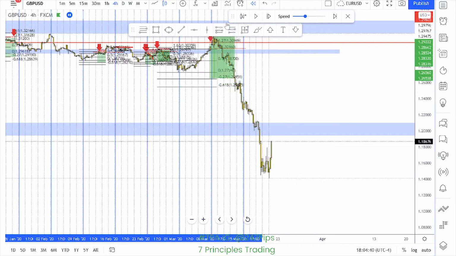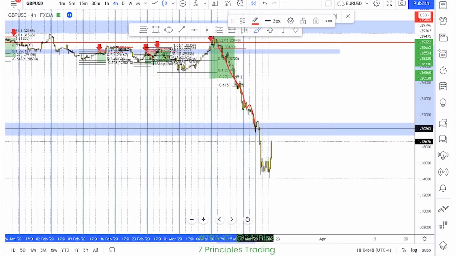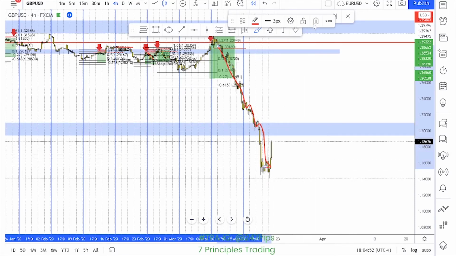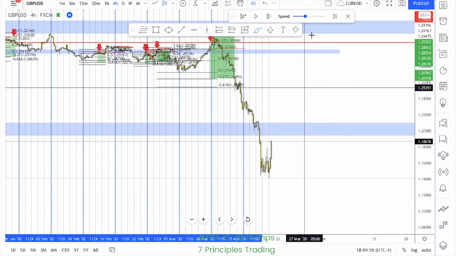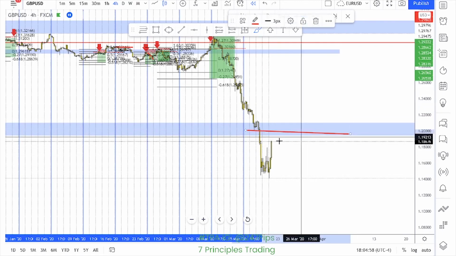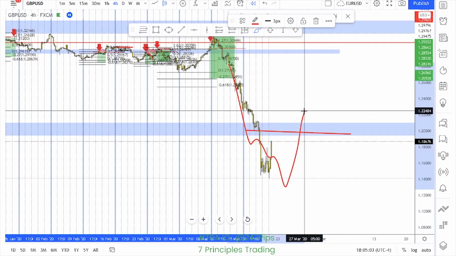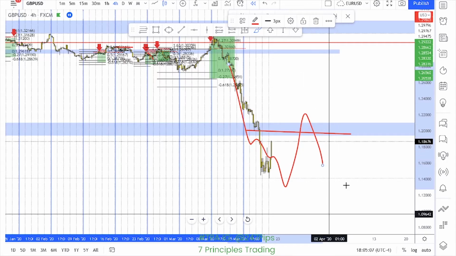What I see in the structure is the huge push, a slight let off right there, another slight let off right there, and then we came to consolidate and accumulate way more orders. So we might actually get a slight bull run to the upside for a little. I want to see price break, come back above this area, and then continue back to the downside. The trend hasn't completely changed yet.